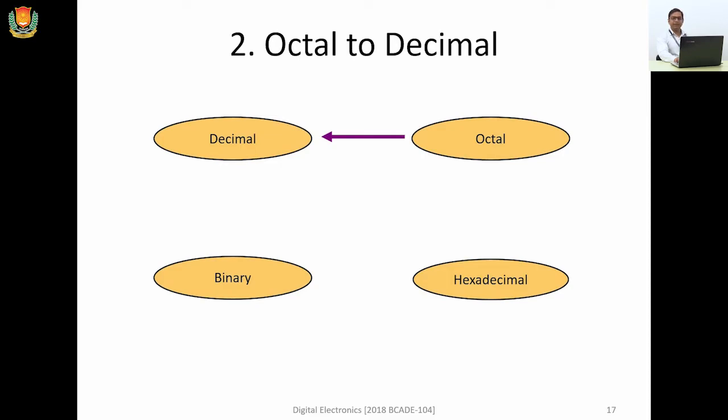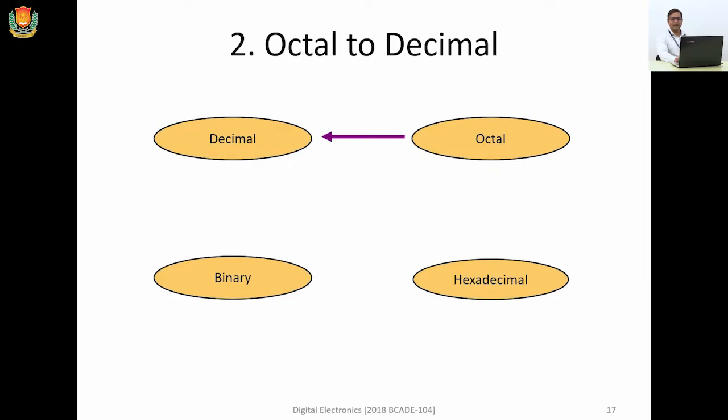The second one is from octal to decimal. Octal means we have 8 symbols, from 0 to 7. If I am saying that 9 is a symbol in the octal number system, then it is completely wrong, because in octal there is no 9 as a symbol.